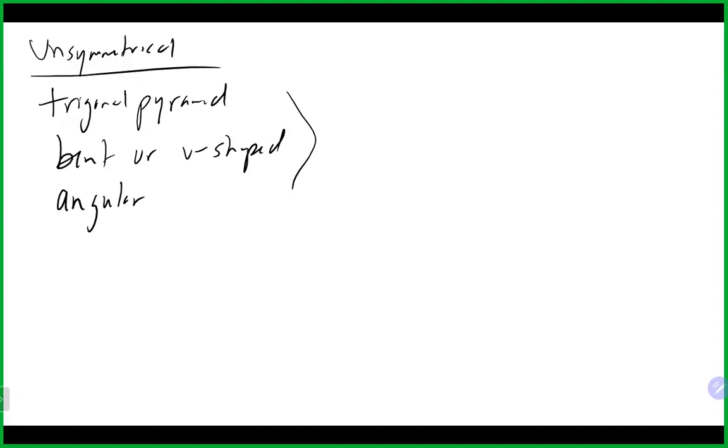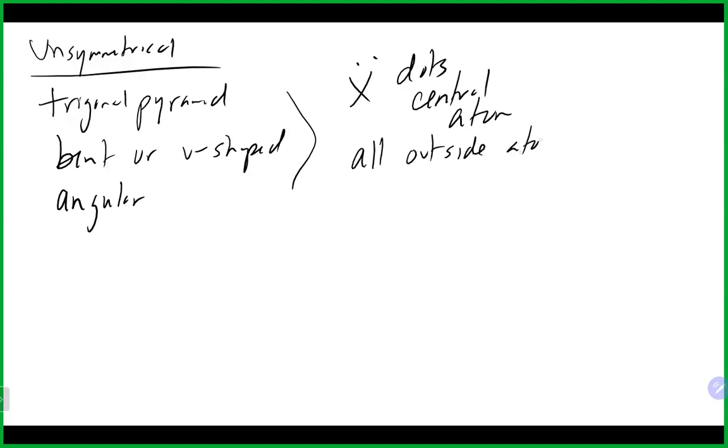What these all have in common is if you draw the Lewis structure, you have dots on the central atom. And if you have dots on the central atom and all the outside atoms are the same element, it is going to be a polar molecule.